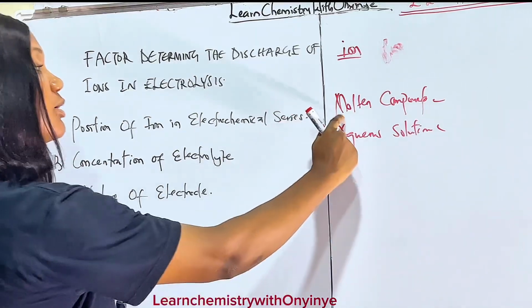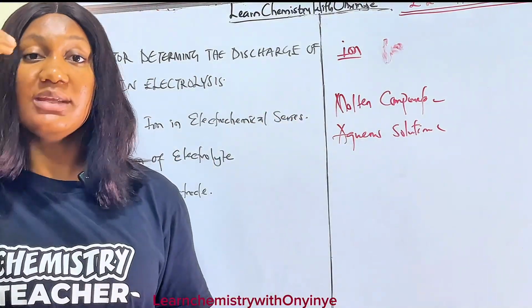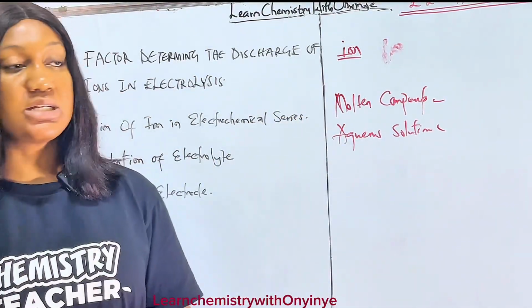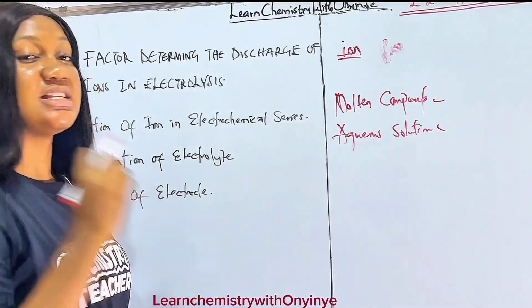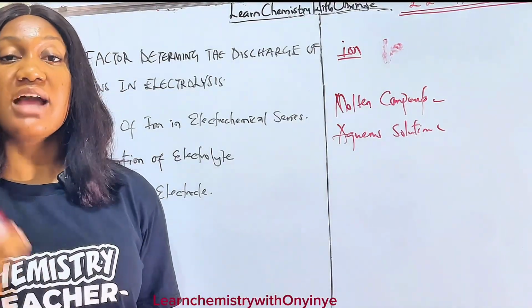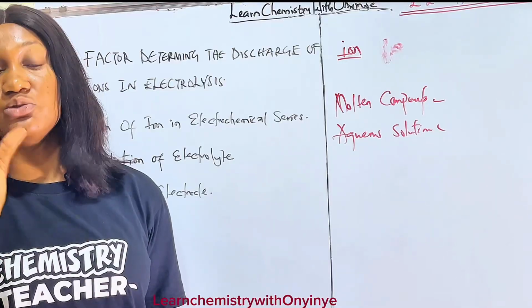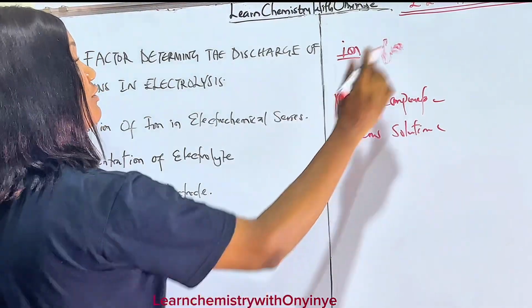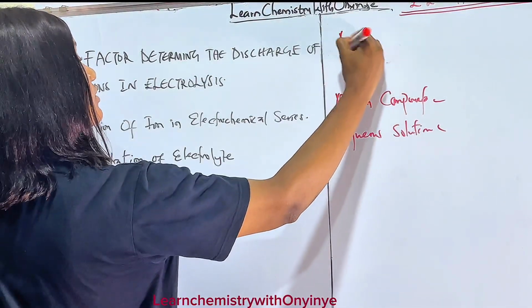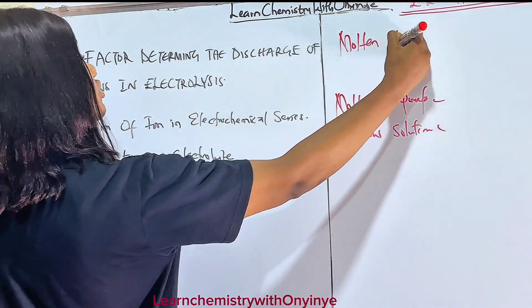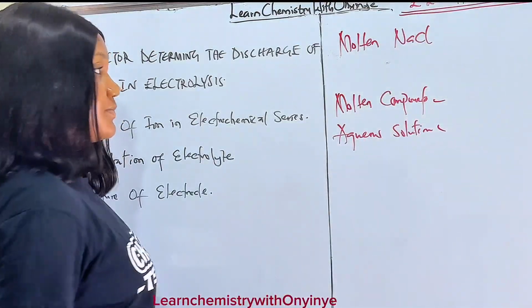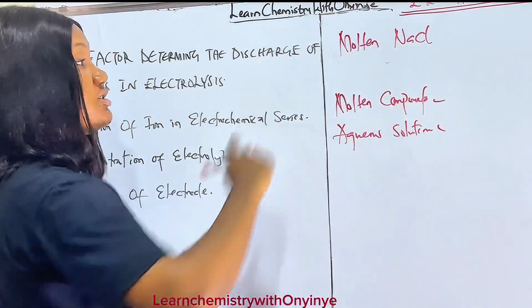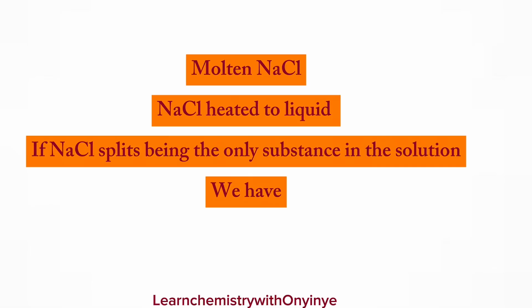Hence, for your molten compound, where that compound alone is being heated to liquid, you're going to be having ions that are only associated to what the compound is made of. Let me explain with an example. If you have molten sodium chloride and this dissociates, you're going to have only two ions here, and that is the sodium and chloride ion.